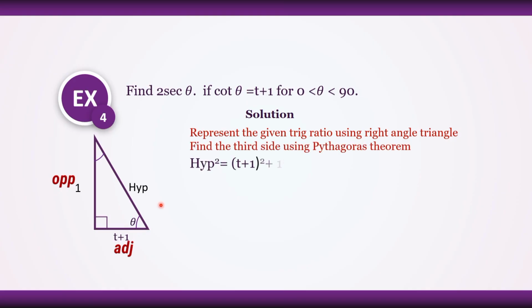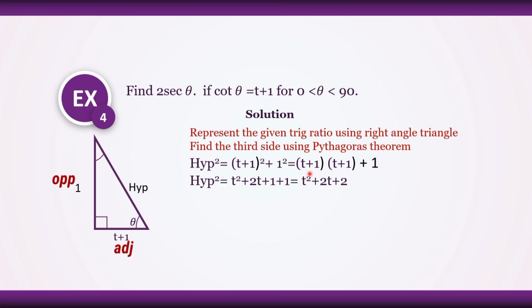So we have hypotenuse squared is equal to the sum of the squares of the other sides. So we have t plus 1 squared plus 1 squared, and t plus 1 squared is equal to t plus 1 multiplied by t plus 1. Then what is 1 squared? We have 1 here. Now we are going to expand t plus 1 squared. t multiplied by t, we have t squared. t multiplied by 1, we have t, and 1 multiplied by t, we have another t, so now we have 2t.